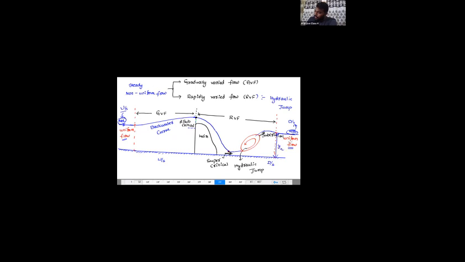The meaning of uniform means normal depth, right? Yes. So this is one logic that you need to apply over here. After the jump, the flow is going to be uniform. Okay, and that point we'll be discussing tomorrow.